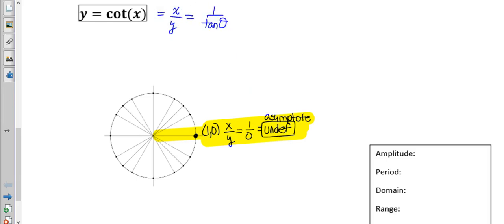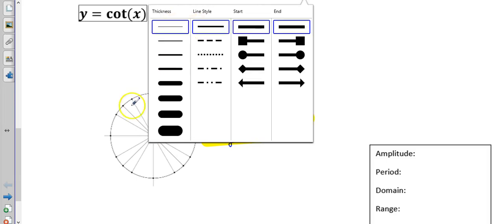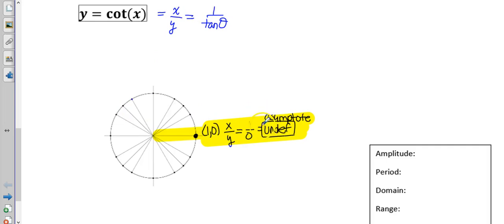Let's start traveling around the unit circle. So right after this asymptote, now we have to ask ourselves, like, if I'm right here, what happens? Well, now we're talking x over y. So this is now going to be a large x value, right?